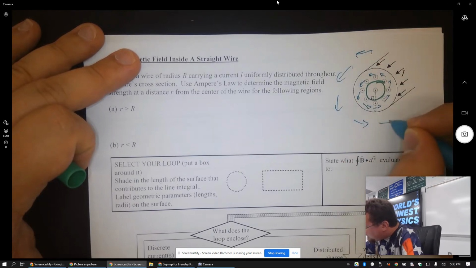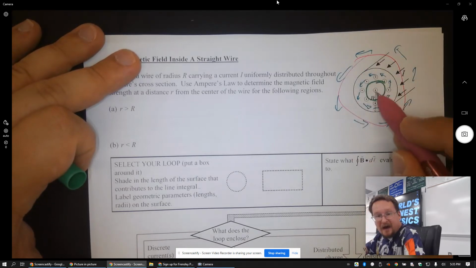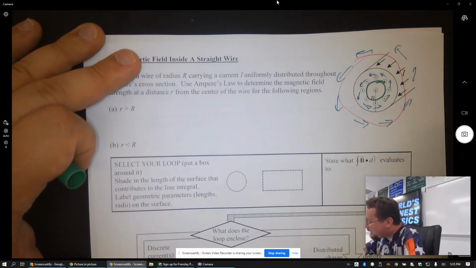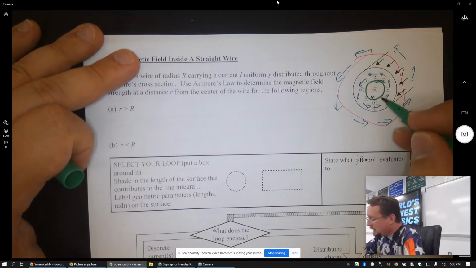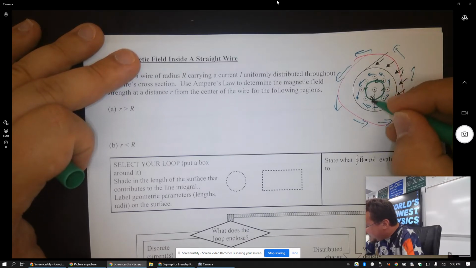Why? Because if I draw a pink loop outside, this pink loop encloses out of the page current. So that must mean it's counterclockwise magnetic field. This green loop also encloses out of the page current, so it also has to be counterclockwise magnetic field.